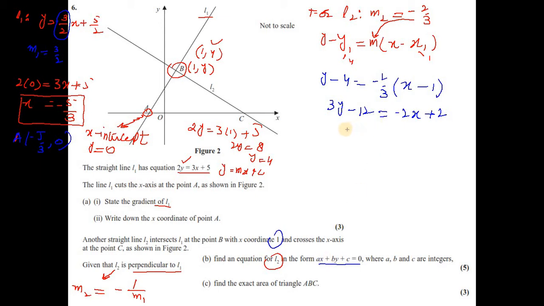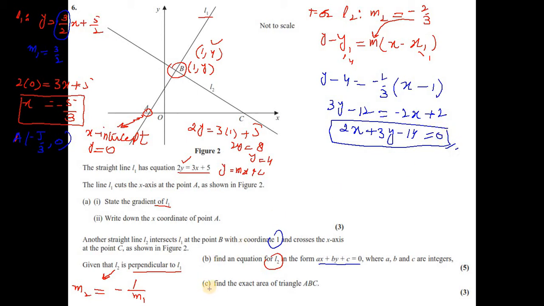So finally you have the equation 2x plus 3y minus 14 equal to 0. This is the equation of your line L2.